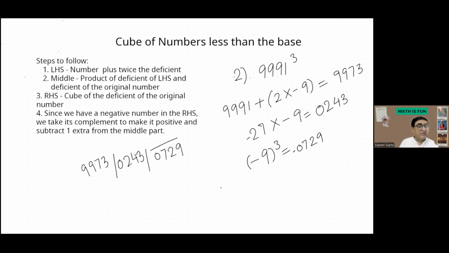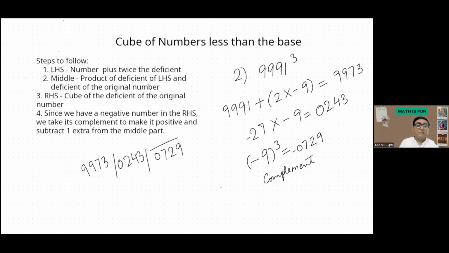But now, once again, the challenge is I cannot keep it in the negative. So I have to find the complement. And how will I find the complement? By subtracting it from 10,000. So if I subtract it from 10,000, I will have to subtract 1 from 0243.